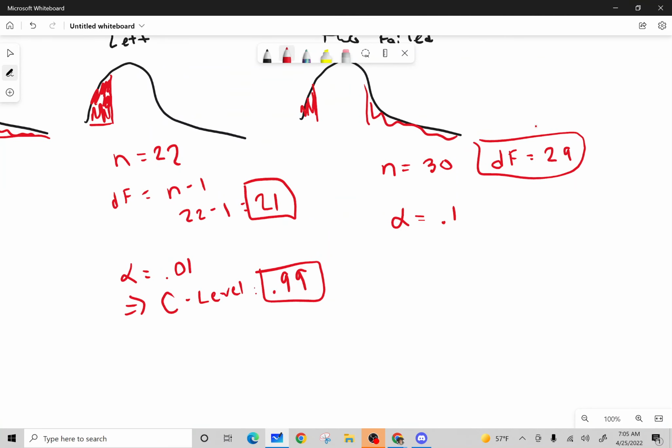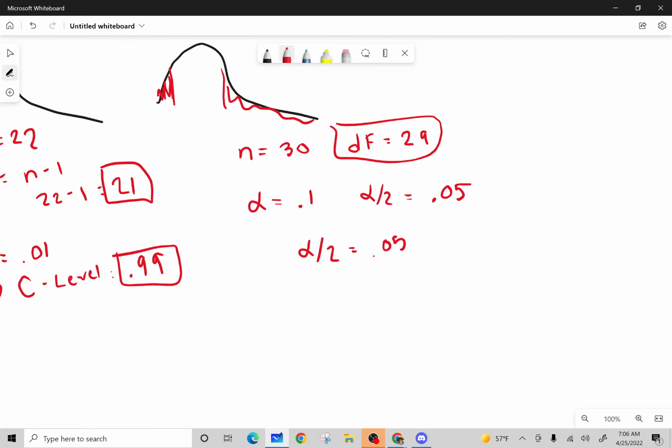So we need to split this evenly. We have alpha over 2 is equal to, if that's 10 cents, 5 cents is half of that. So if you want the right side, alpha over 2 is equal to 0.05. This is your actual alpha in this case.